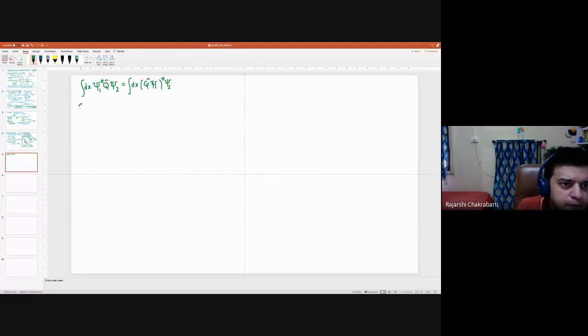Now there are claims. The first claim is as follows. Claim 1 is that the expectation value of Q in any psi, any arbitrary psi actually, is real.